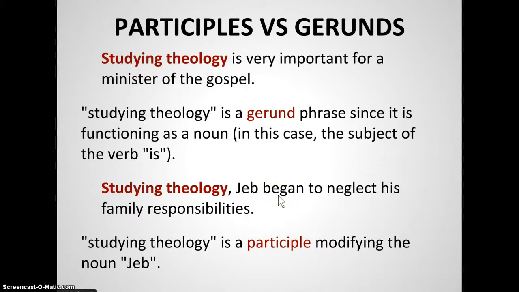He's the studying theology Jeb. That helps you see the adjectival nature of that phrase more clearly when you phrase it that way, the studying theology Jeb. And he began to neglect his family responsibilities. So studying theology is a participle modifying the noun Jeb. And that's how we know that this is a participle and this is a gerund.